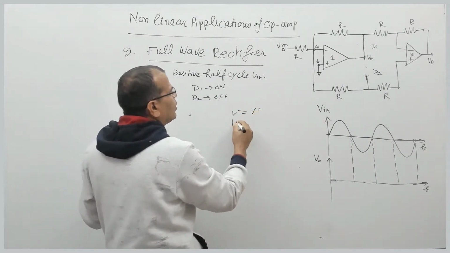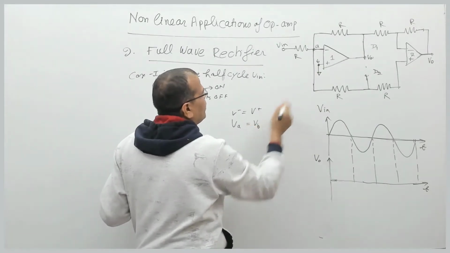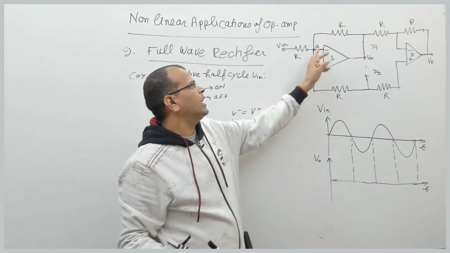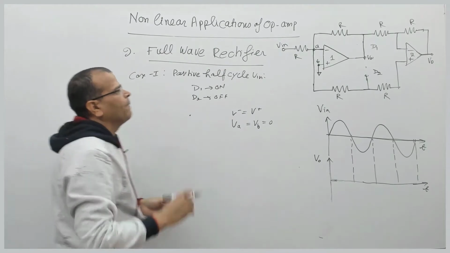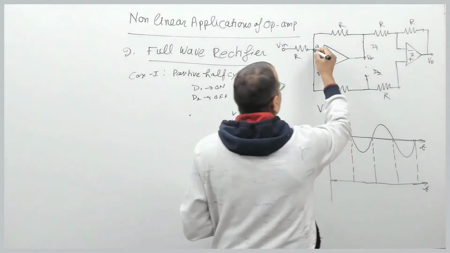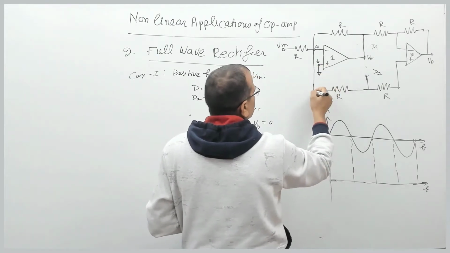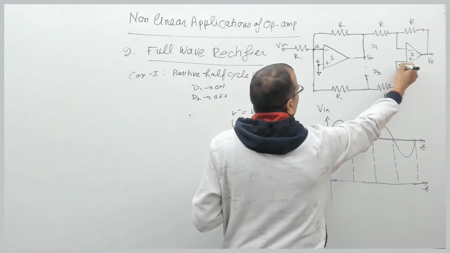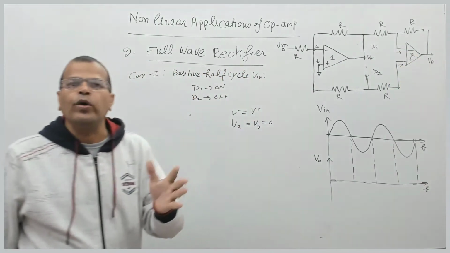So the voltage at node A will be equal to the voltage at node B, and the voltage at node B is 0, so the voltage at node A is 0. Fine. Now, there is no current here because this is grounded. Why is there no current? Because the current in the inverting and non-inverting terminals is 0 in an ideal op-amp.